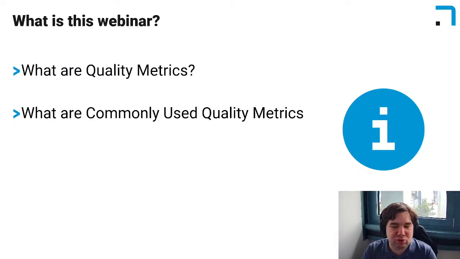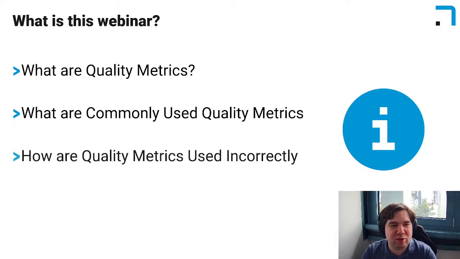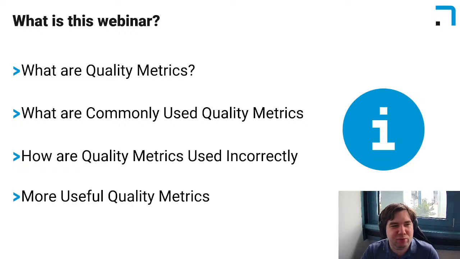Plus, we're going to look at how quality metrics are normally used incorrectly, or some common pitfalls that we can look at and see when quality metrics are used. And finally, we'll end the webinar off with looking at some more, let's say, useful quality metrics. Quality metrics, I think, help tell a better story of our testing progress.